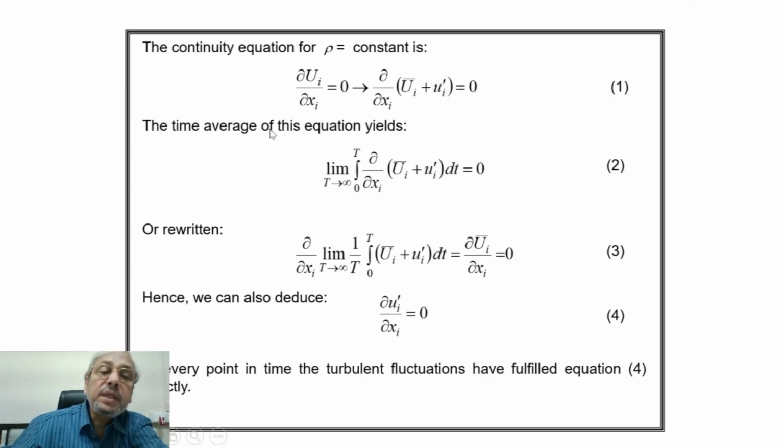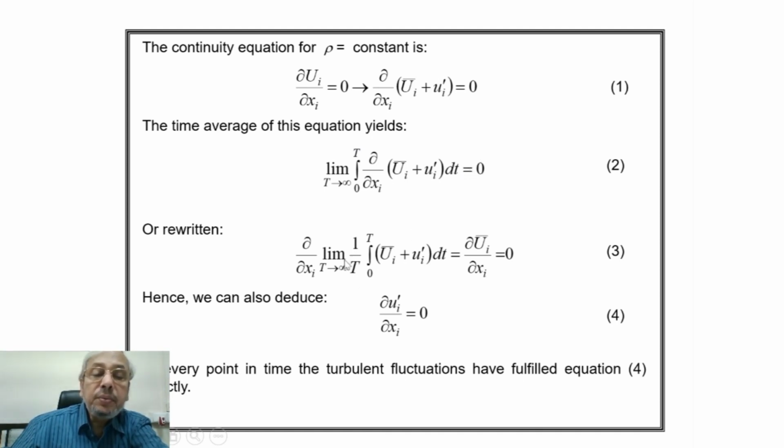The time average of this equation yields that del xi of this over a time window should be equal to 0.